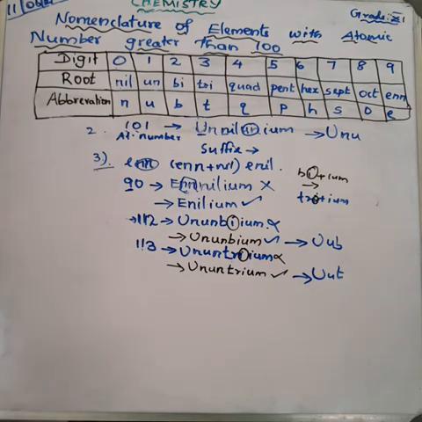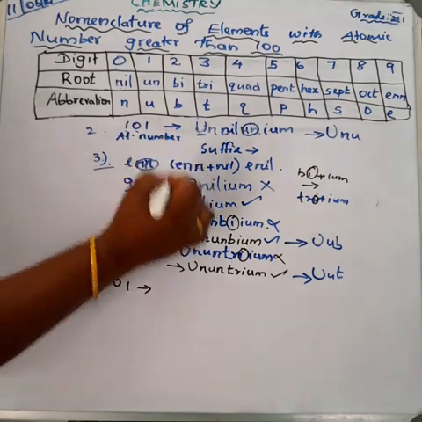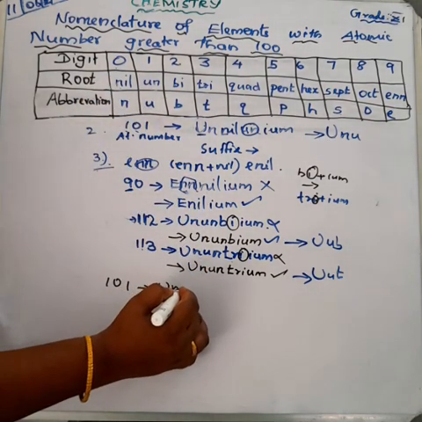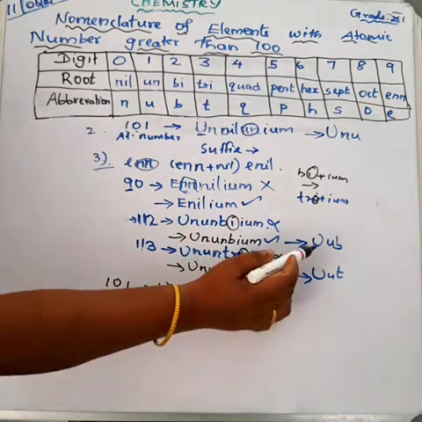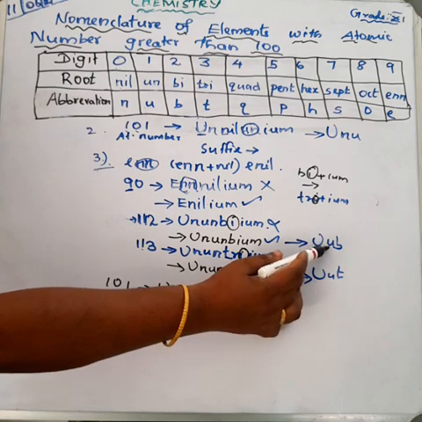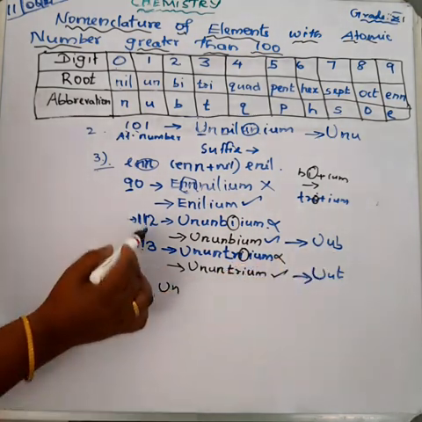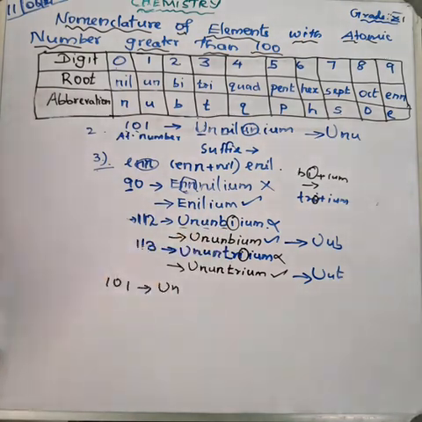What is the symbol? The first letter of the numerical roots, we can write u, n, u. Okay, for 112, u and u for the two 1s. After that for 2, we can write b. Okay, this is the symbol. These are the 4 rules about the temporary name from the IUPAC nomenclature.